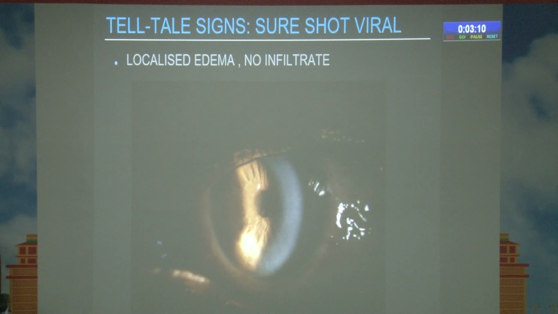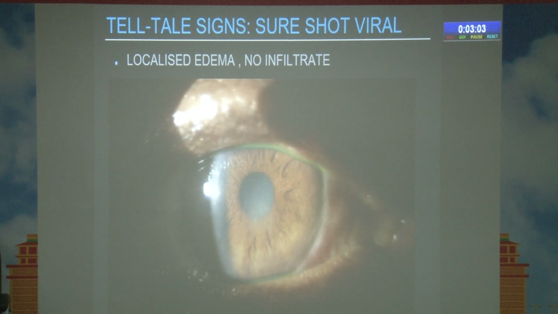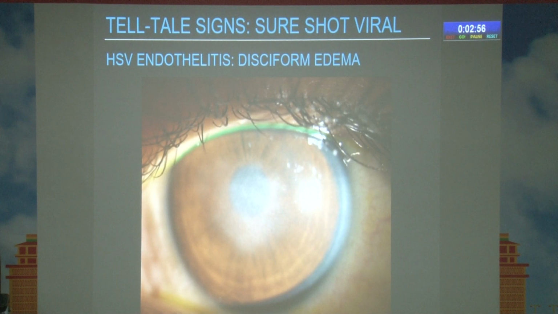Now when you see a localized edema in a cornea with no infiltrate and staining is negative, you should have a high index of suspicion for a viral keratitis. There is a very clear-cut demarcation between the edematous stromal part and the normal cornea.